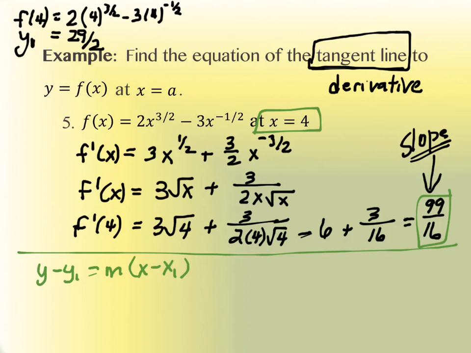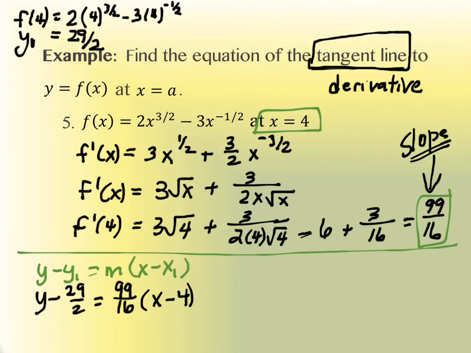This is y1. So down here along the bottom, now I have y minus 29/2 equals m, which is the 99/16, times x minus the x value, which is 4. I'm going to go ahead and work through simplifying this to y equals, that's sort of mx plus b form.